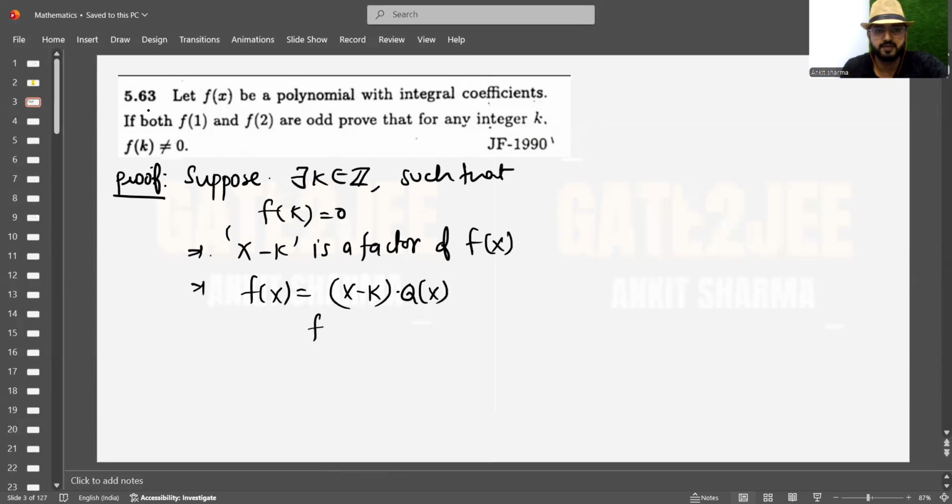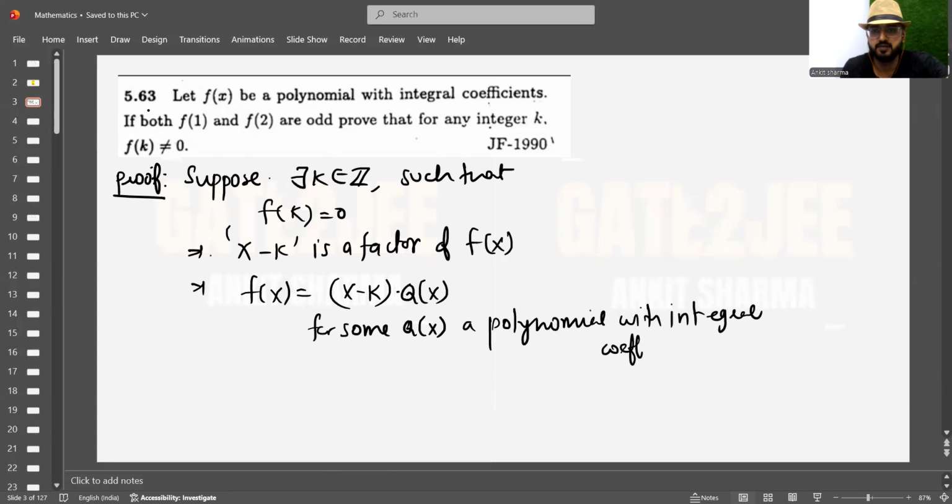So here q of x is again a polynomial, for some q of x, a polynomial with integral coefficients.